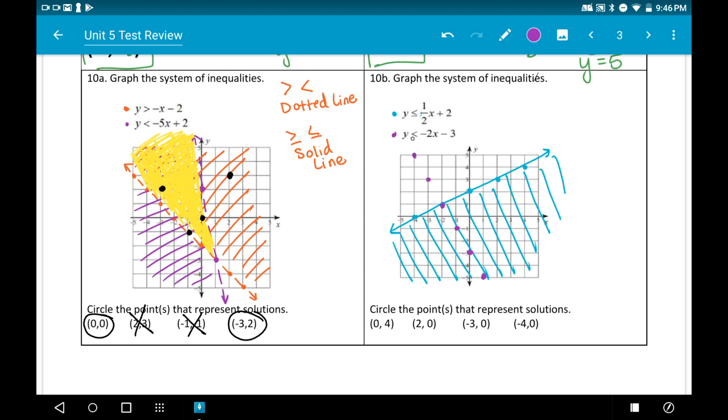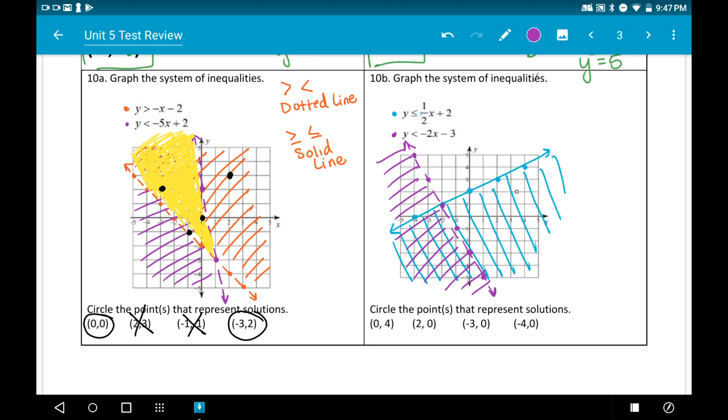This one does not have the equal to line underneath, so it'll be a dotted line. And its y is less than, so I'm going to shade below. And again, we only care about this overlapping area right here. So this is only purple, we don't care.